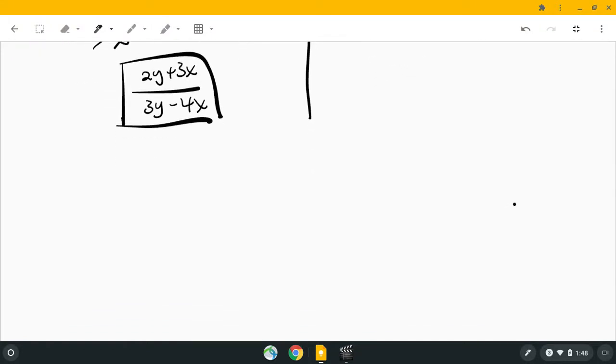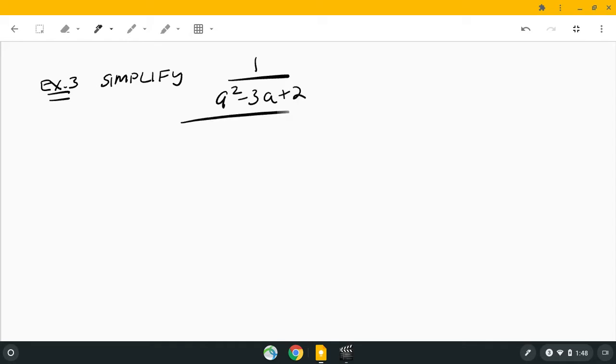Okay, so let's take a look at another example. And I'm going to be using method 2 where I clear the fractions. Okay, so let's go ahead and simplify. Let's suppose that I have this, a squared minus 3a plus 2 all over 3 over a minus 2 over a minus 1.